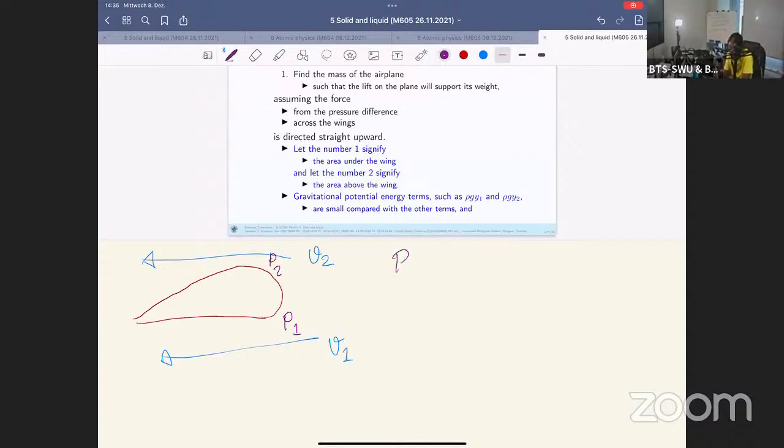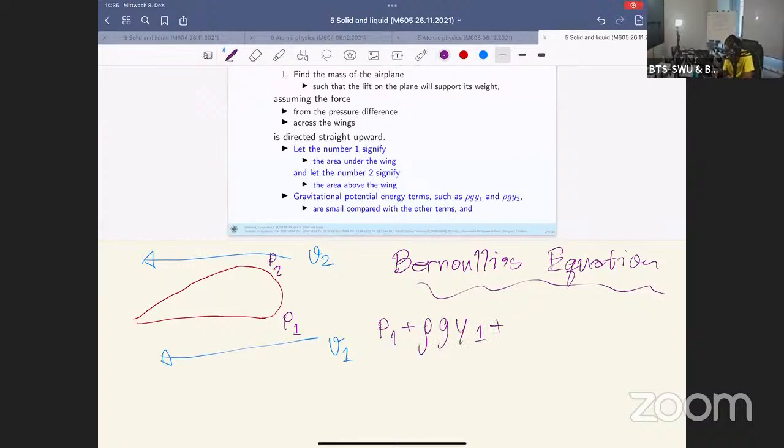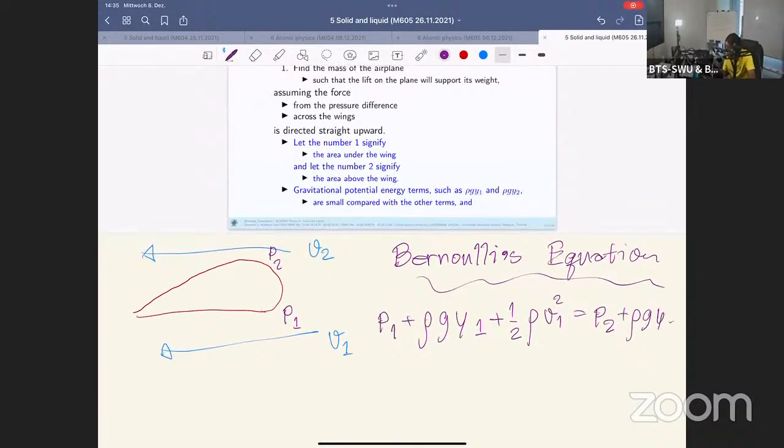And from the Bernoulli's equation, you have P1 plus rho g y1 plus 1/2 rho V1 squared equals P2 plus rho g y2 plus 1/2 rho V2 squared, right?